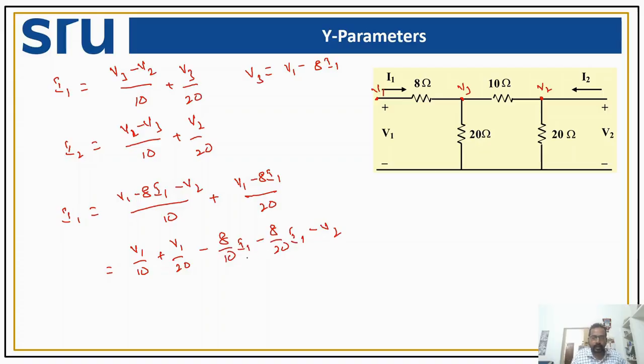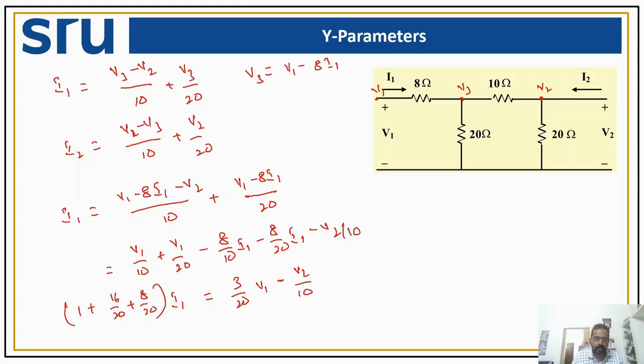Let us send this I1 towards the left hand side. So we get 1 plus 16 by 20 plus 8 by 20 into I1 is equal to 3 by 20 into V1, multiplying and dividing by 2, 2 plus 1 is 3, the denominator will be 20, minus V2 by 10.